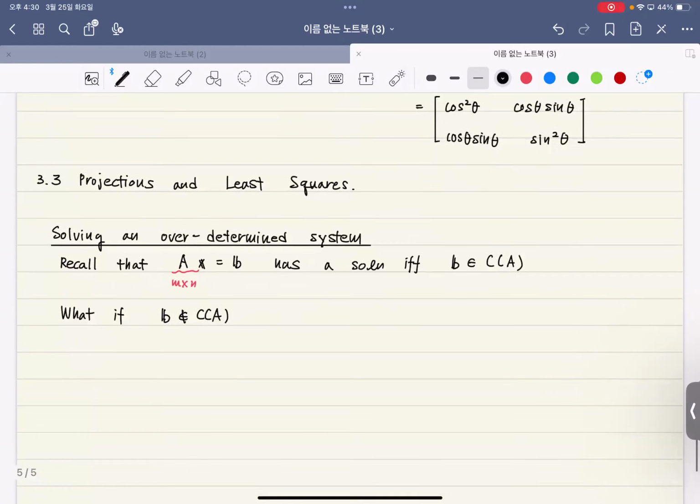Now today, I want to consider the case when b is not a member of the column space. In that case, the simple but most concise answer is there is no solution, and end of story. But sometimes we need to try even more. We can still struggle to find some sort of not precise solution, but some sort of pseudo solution of the system.